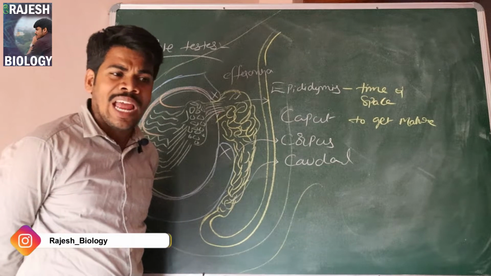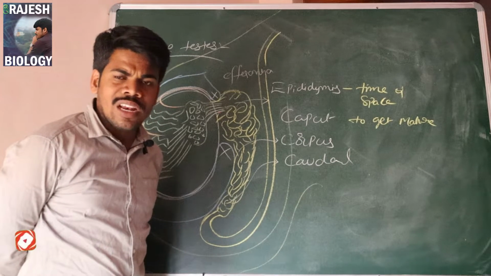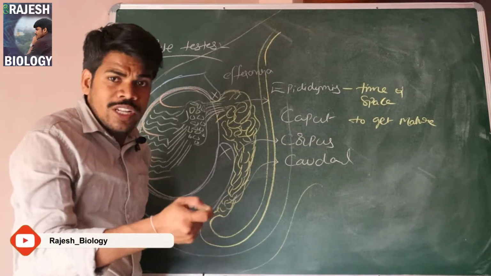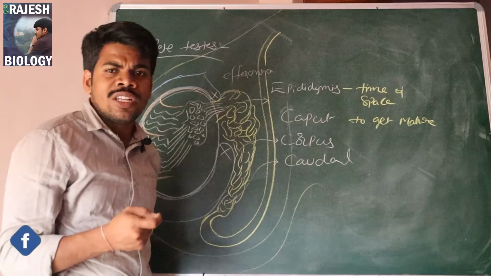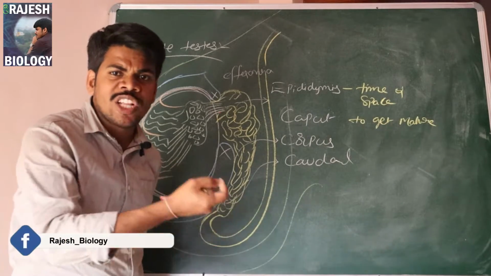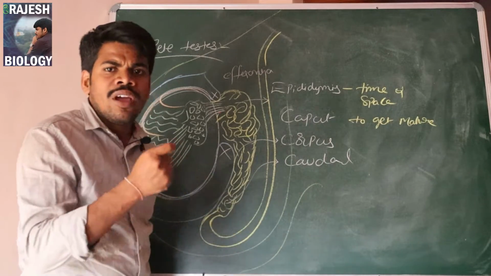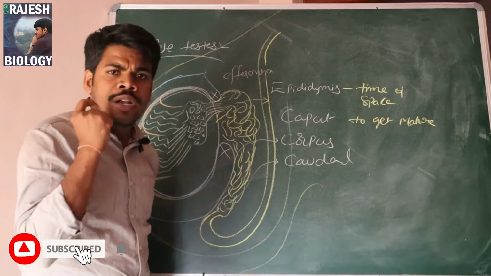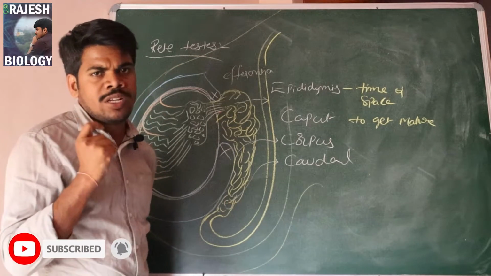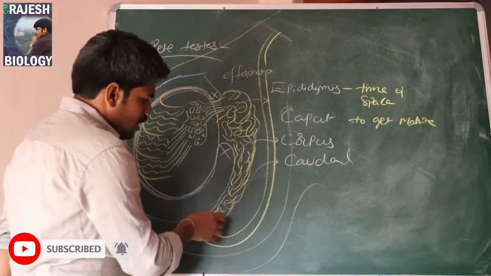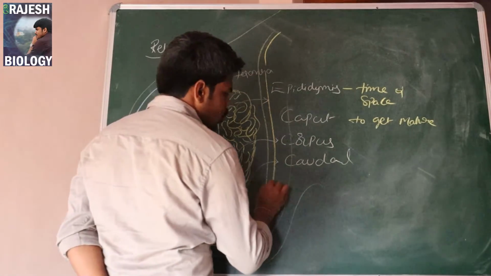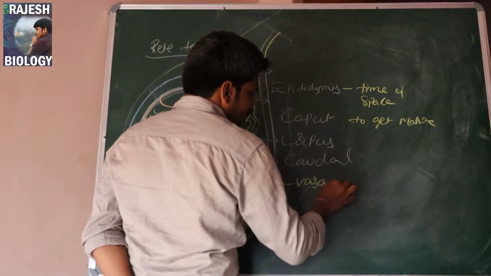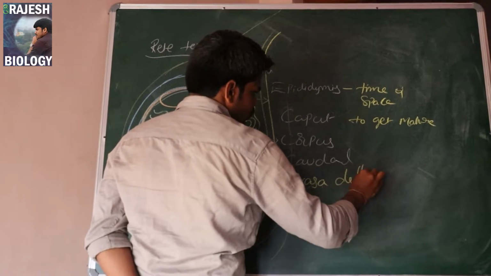Glandular tissue is present in the epididymis. The epididymis secretes some secretions which help in the nourishment of the sperm cells. It gives the time, the space and the nourishment for the maturation of the sperm cells. And epididymis leads into the vas deferens. It leads into what? Vas deferens.